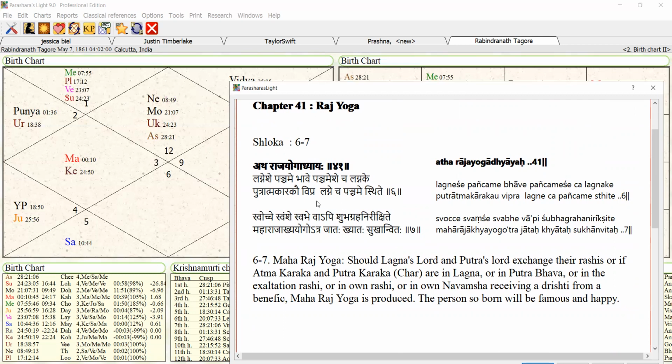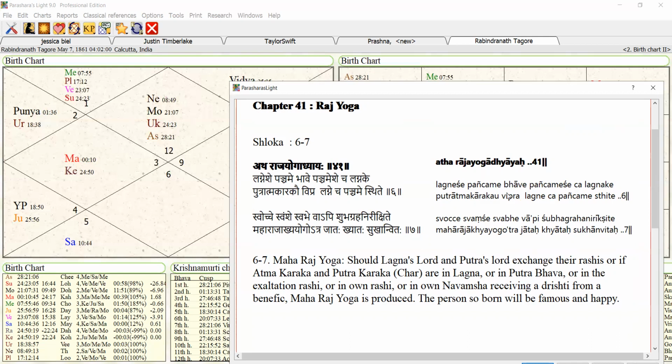Lagneshe panchame bhave, panchameshe cha lagnake, putratmakarako vipra lagne cha panchame sthite. Lagneshe, upon the Lord of the Lagna inhabiting the sign of the fifth. It says Panchama. It doesn't say Putra.